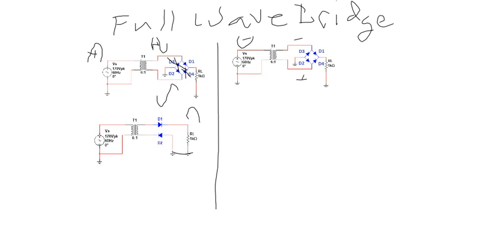Here we had plus at the top and negative at the bottom. So this time, diodes 1 and 2 are reverse biased, and they're open circuits. Diodes 3 and 4 are forward biased. And we end up with an equivalent circuit.